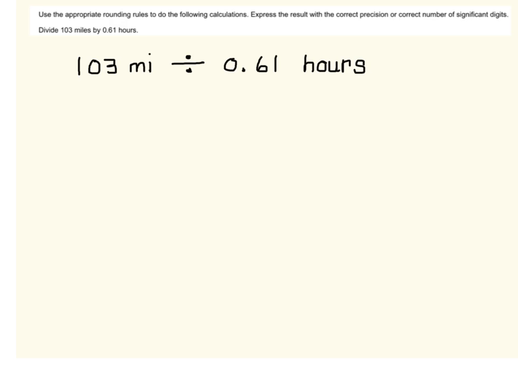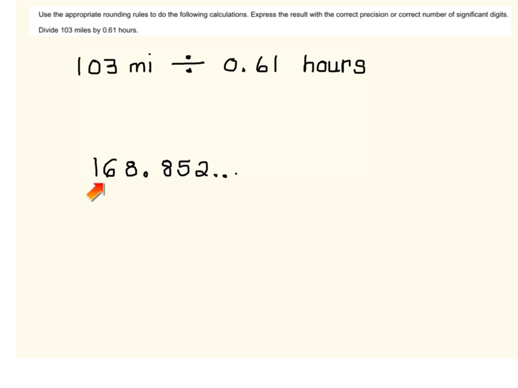So if we do this division, and I'm going to do this over here on the calculator, you can do long division, but let's just work this out. 103 divided by 0.61. What we get in this division is 168.82, and it actually keeps on going.